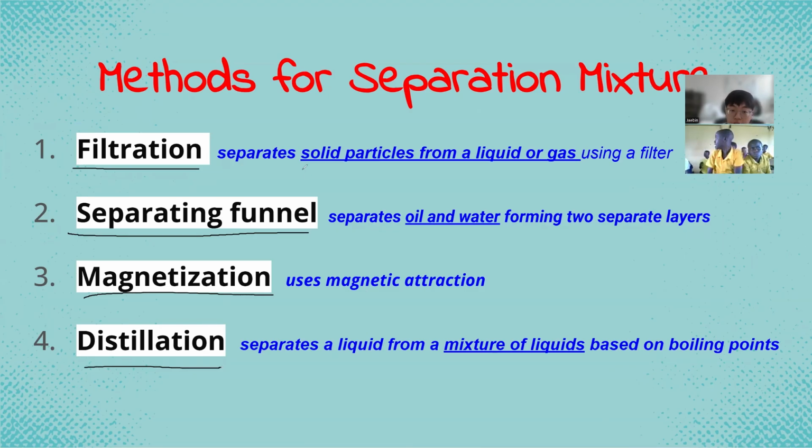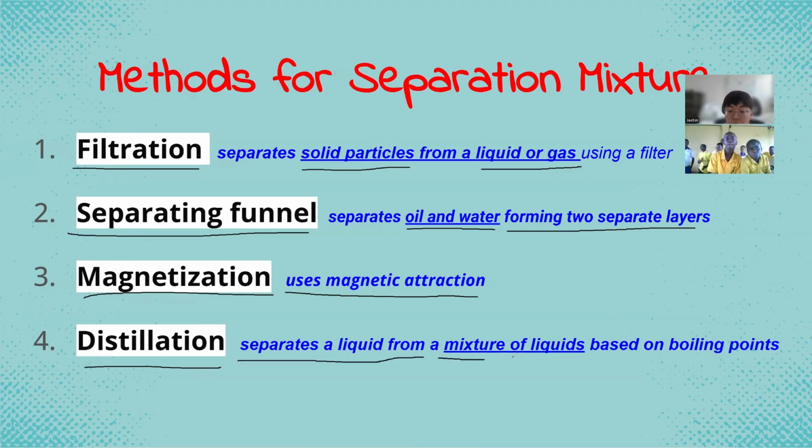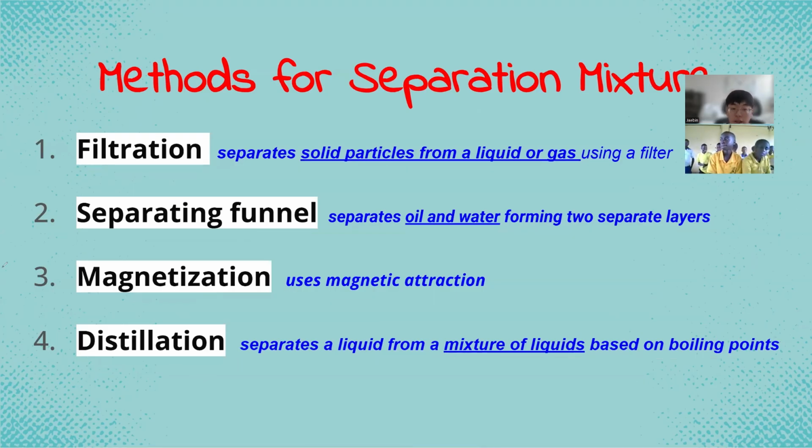Filtration separates solid from liquid or gas using a filter. Separating funnel separates 2 liquids, like oil and water, forming 2 separate layers. Magnetization uses magnetic attraction to separate mixtures. And distillation separates a liquid from another liquid based on boiling points. So these are 4 methods that we will study.